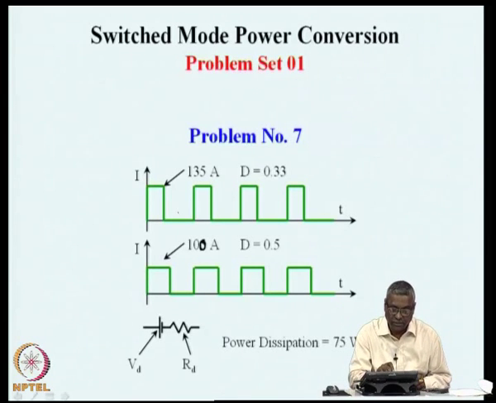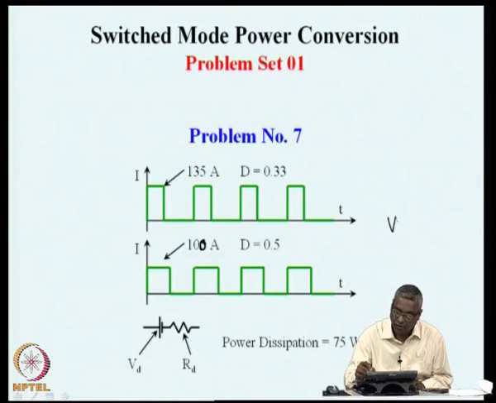For a duty ratio of 0.33, it has a current of 135 amperes, and for a duty ratio of 0.5, the maximum current is 100 amperes, but the device power dissipation is constant, and that is given as 75 watts. So, the question is, what is VD and what is RD?